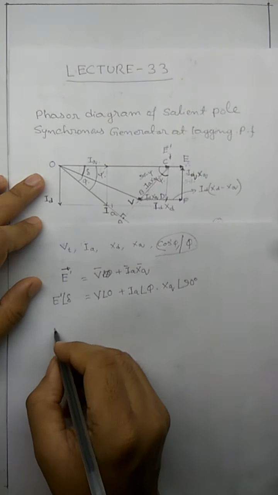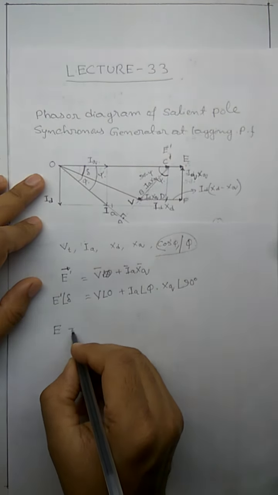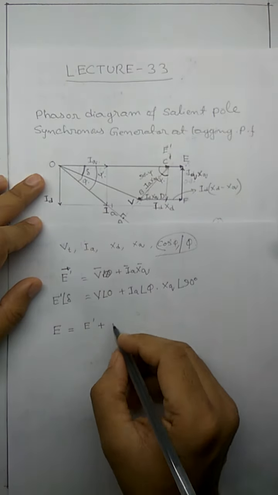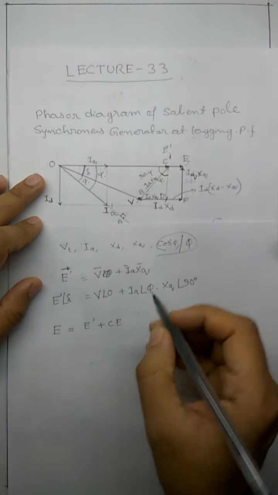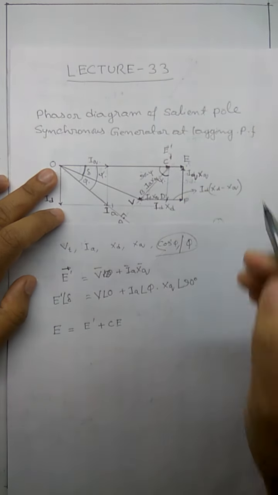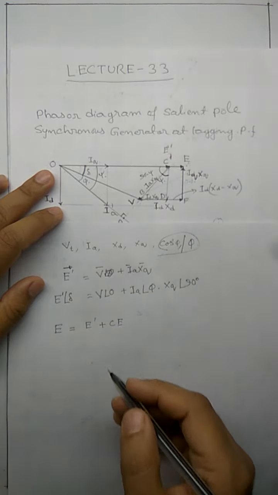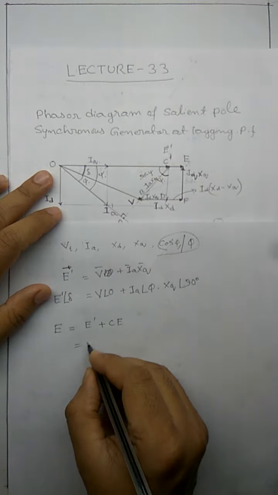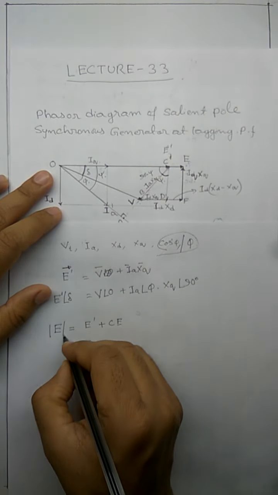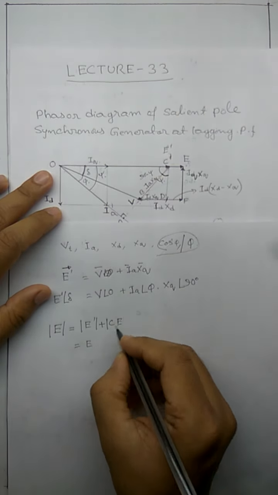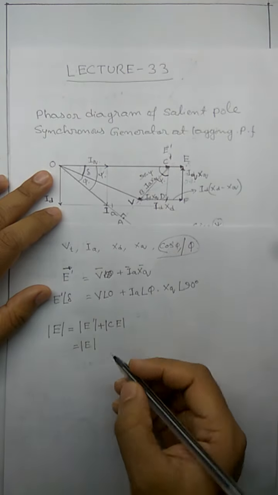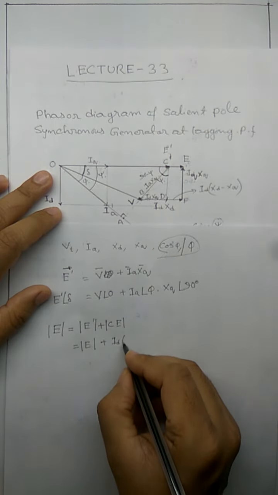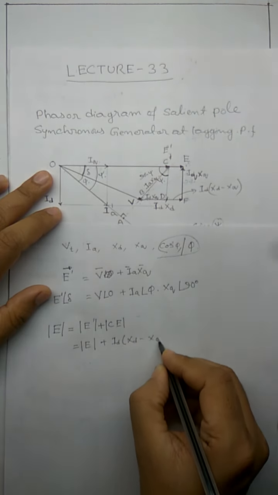Now how to find E? E will be equal to E dash plus CE, that is this plus CE. So how to find CE? CE we have already found out. We are talking about magnitude here: magnitude of E dash plus magnitude of ID into XD minus XQ.